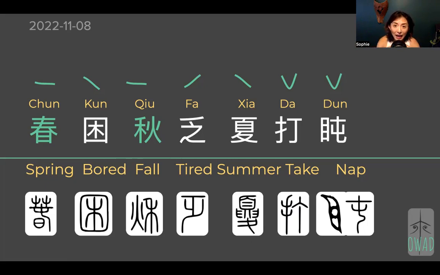And this was actually the character used to depict people. Actually, it's a Chinese self-referral. So this character was originally created to characterize Chinese people.